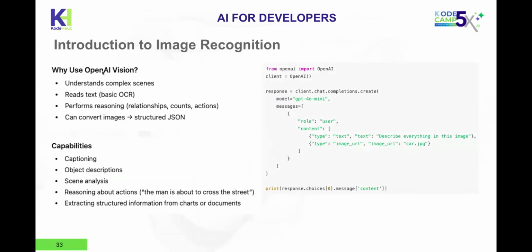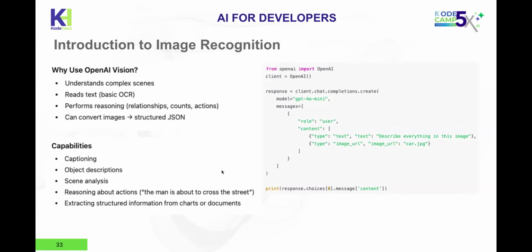Then you also can use the OpenAI Vision API, right? So in this case, you basically are calling GPT-4o mini, and you are specifying the content: you specify the text, and then you also specify the image which you would have uploaded, and then you ask it to do recognition on it.